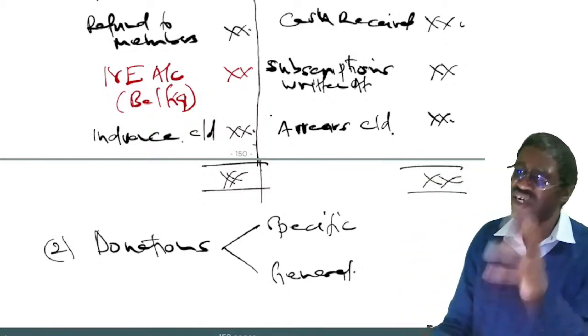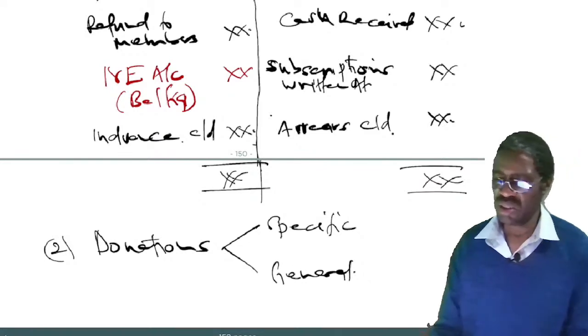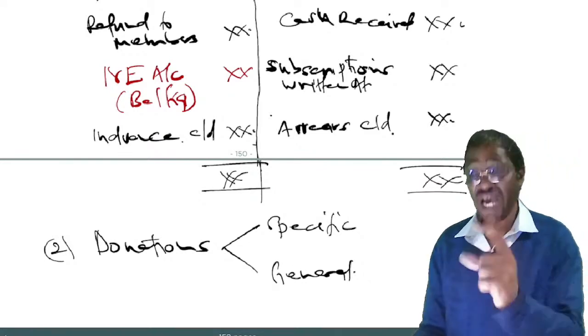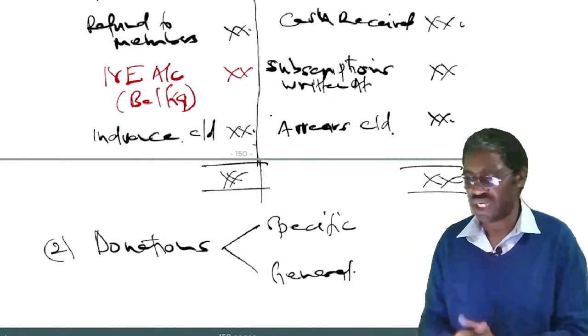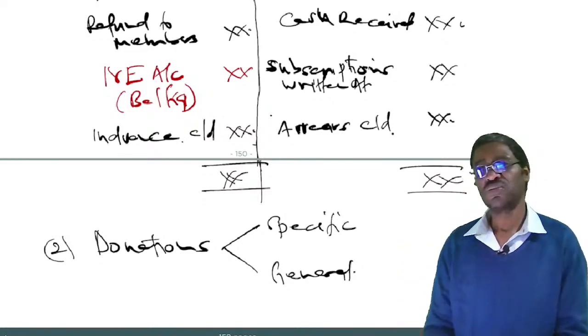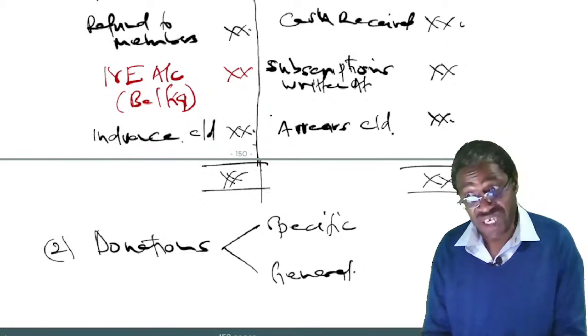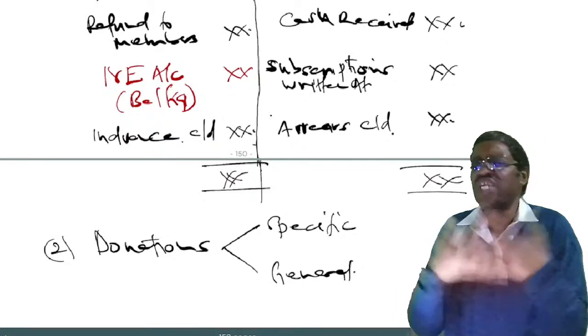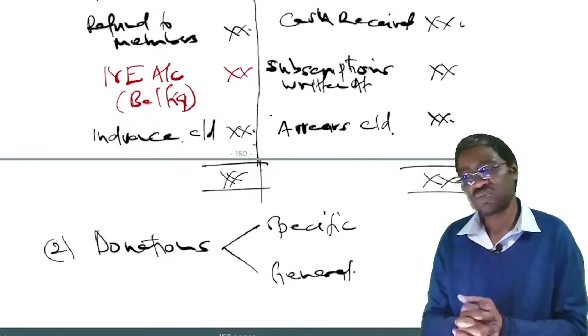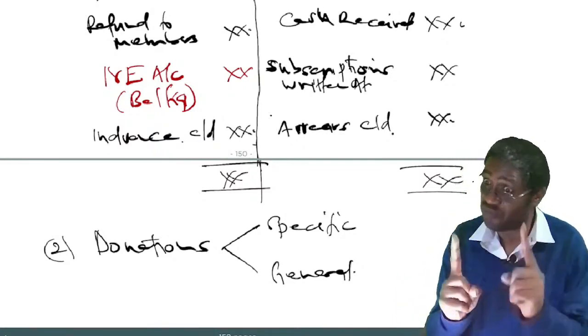When you receive a specific donation, as a non-profit making organization, you don't take it to your income and expenditure account. No. In other words, don't take it to your income statement. It is for a specific purpose.